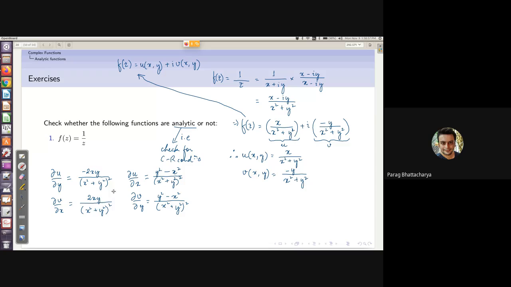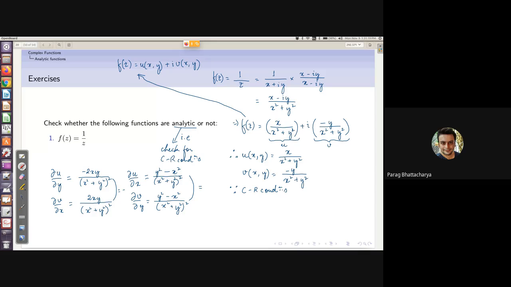Okay, so you can see that these two are equal, and these other two are negatives of each other. So we find that the Cauchy-Riemann conditions are satisfied.